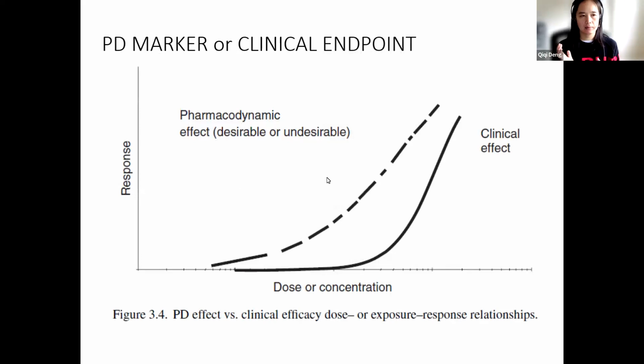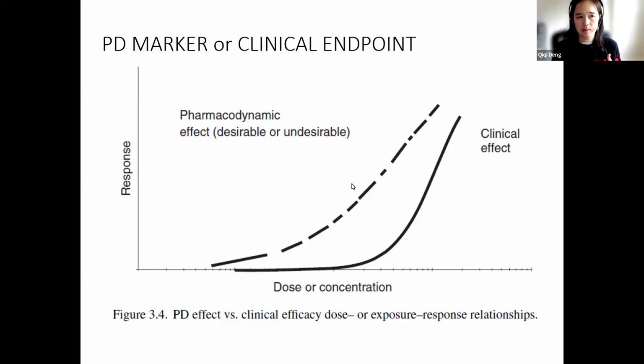The last item, the pharmacodynamic effect versus clinical benefit, could be summarized by the following graph. When you increase the dose, you should be expecting a better pharmacodynamic effect in terms of efficacy. However, the clinical effect may follow a slightly different curve, and it may take more dose to reach the clinical benefit.